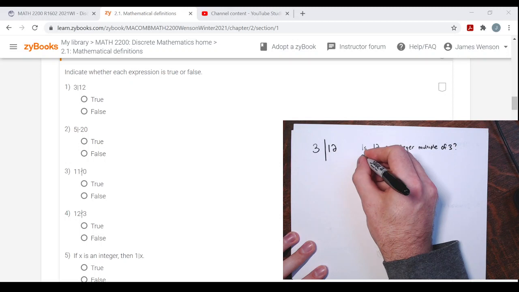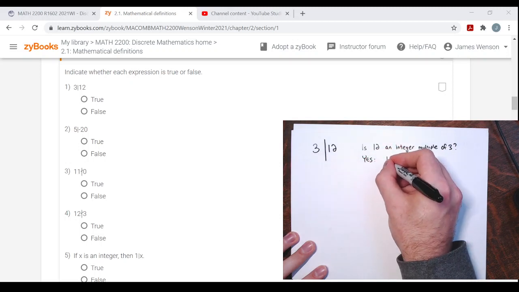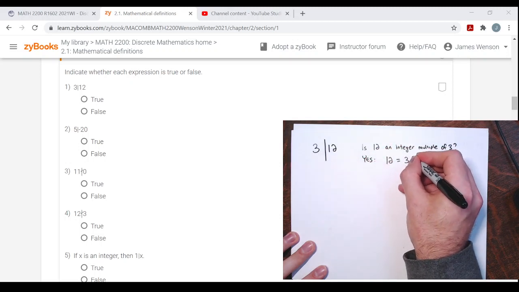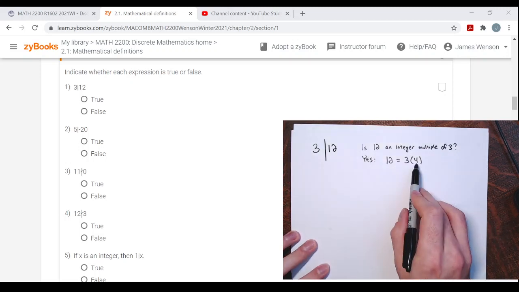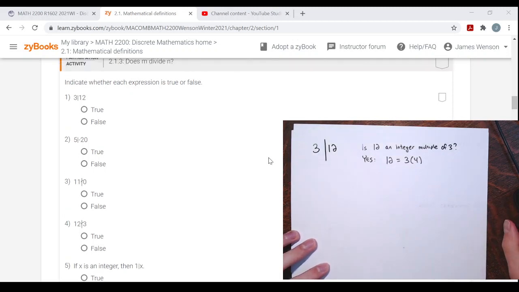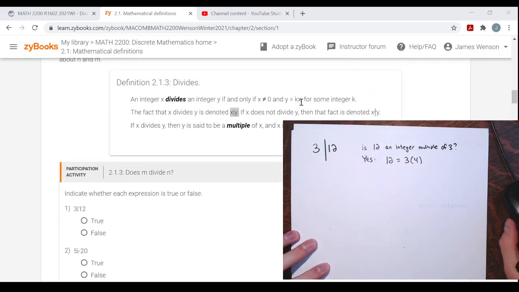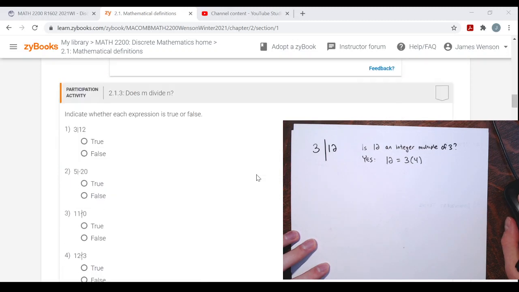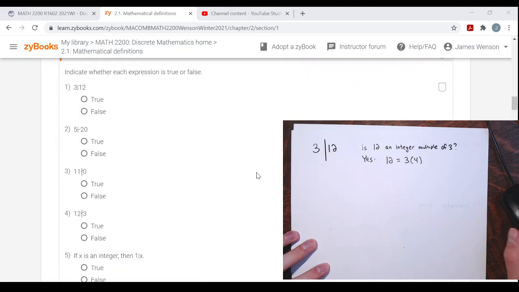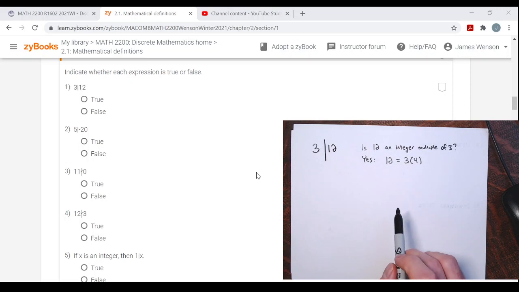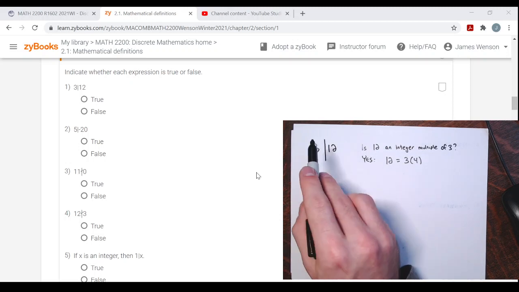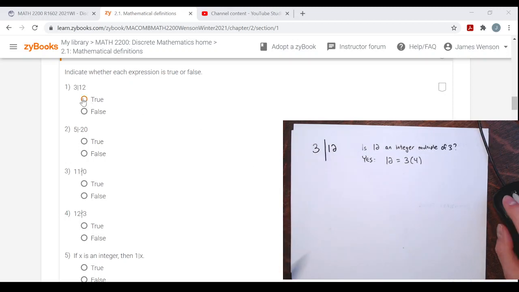And the answer is yes. Right? 12 is equal to 3 times 4, and that's like the k that was being talked about in the definition. y equals kx, so y equals 4 times 3. So yes, this is true. 3 divides 12.